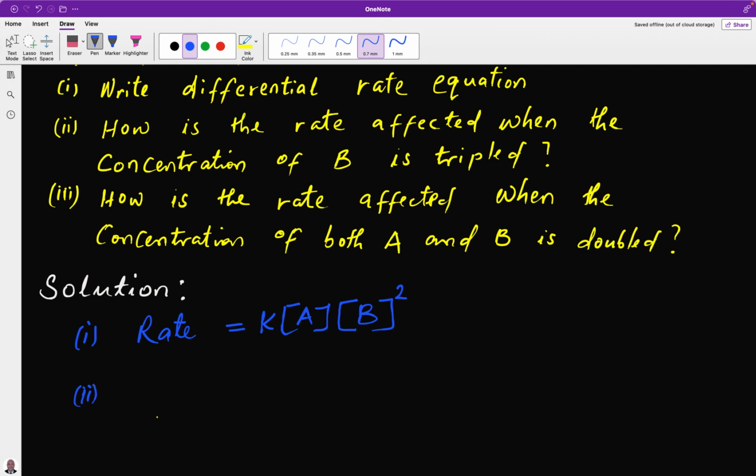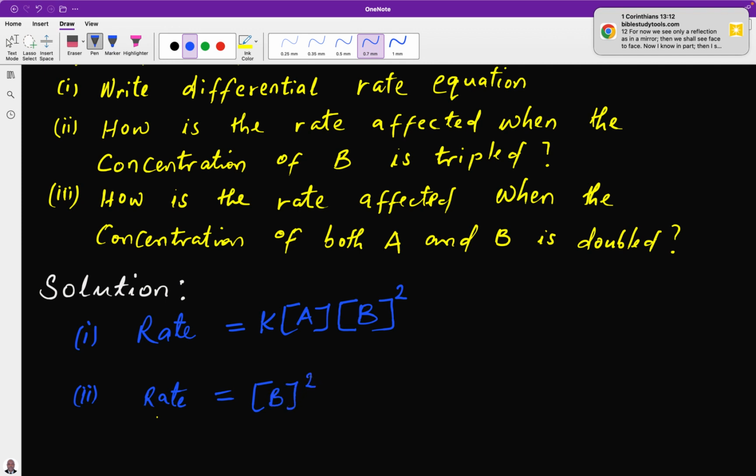In solving 2, the first step is we write the rate equation only for B. Only the rate equation for B. Let's say rate is equal to what? The concentration of B squared. Okay, that is the rate with B.